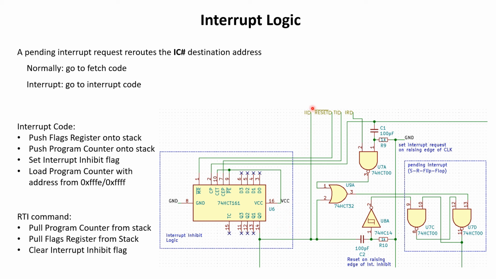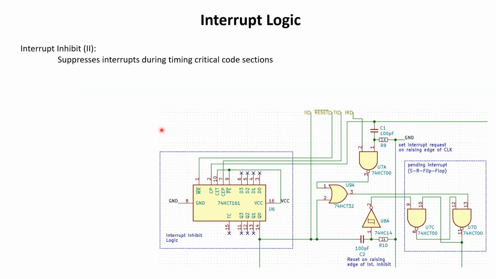On the other hand, the interrupt can also be inhibited with this control line, and the interrupt inhibit state as such is stored in this counter chip. I will show that on the next page.